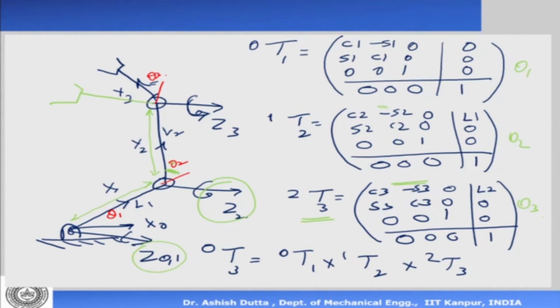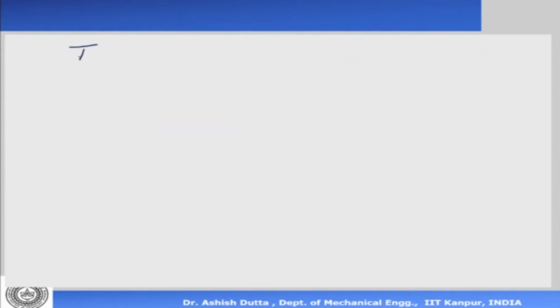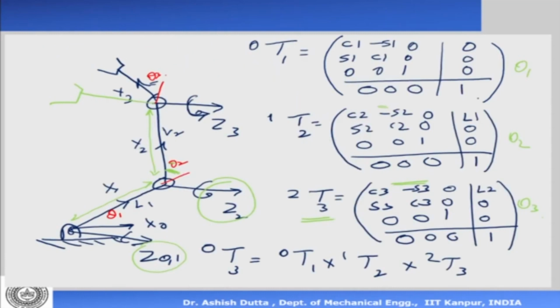When we multiply all of them, I multiply T0 to 2 first, which is equal to T0 to 1 into T1 to 2, so let us multiply this out. Please multiply it, you can multiply it out like this. So when you multiply this into that, what will we get? Cos theta 1 cos theta 2 minus sin theta 1 sin theta 2. That's the first term. You know how to multiply matrices, right?